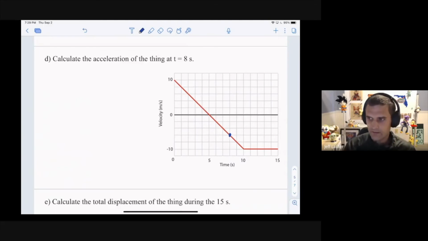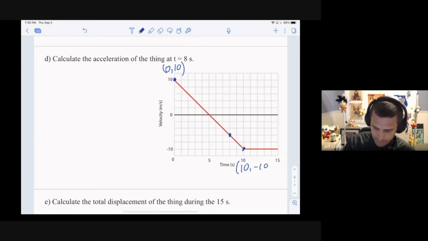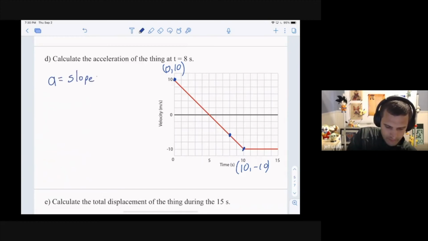And to find it along this line, I can just take 2 endpoints. I'll take this one and this one. So this is (0, 10). This point here is (10, -10). So to find the acceleration, I just find the slope. Acceleration equals slope, and that's going to be rise over run.